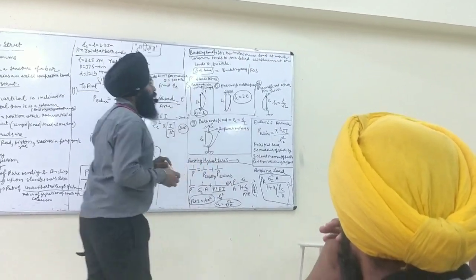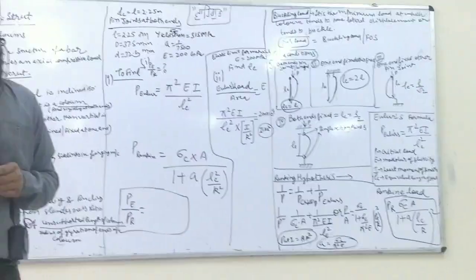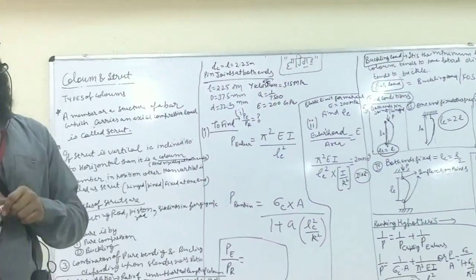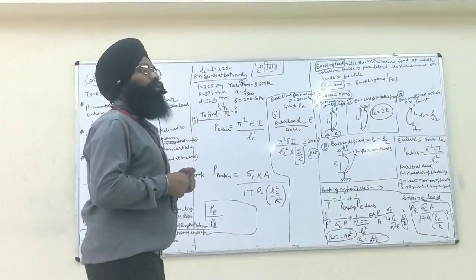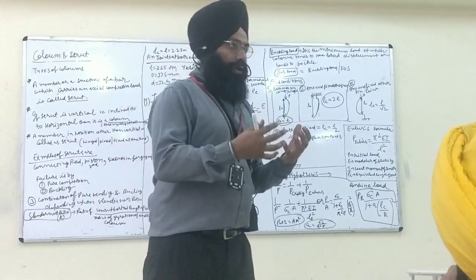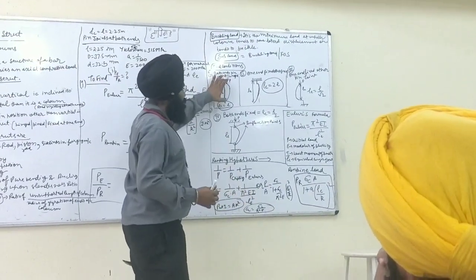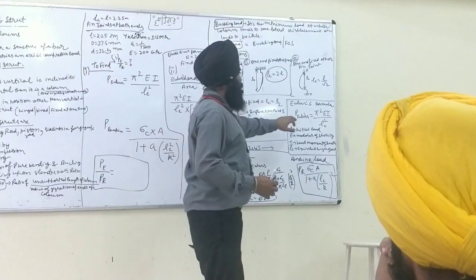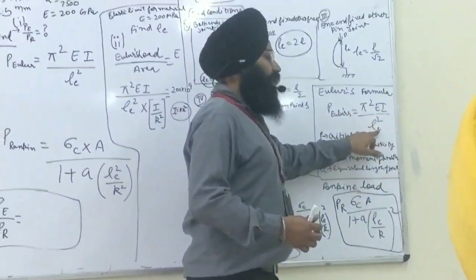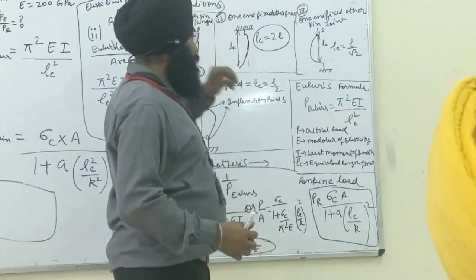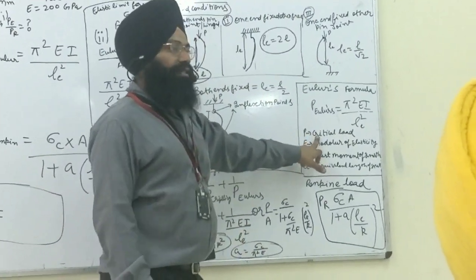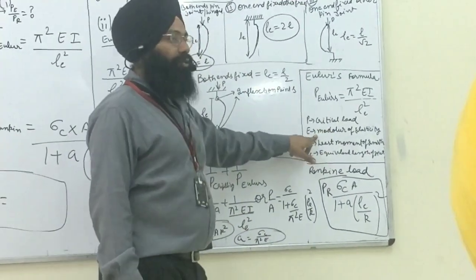Euler's formula. In Euler's formula, we have a simple formula to calculate the load on this part. So, we have P equals pi square EI over LE square. P is the critical load, which is due to the compression. E is the modulus of elasticity.